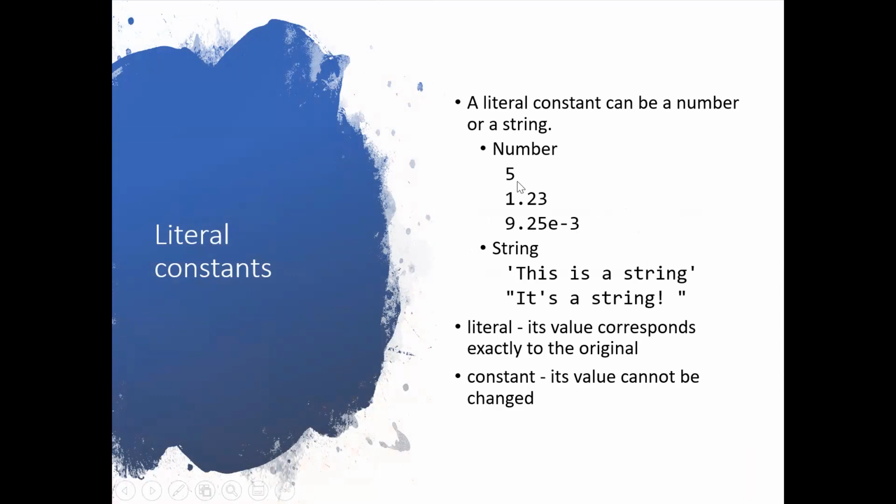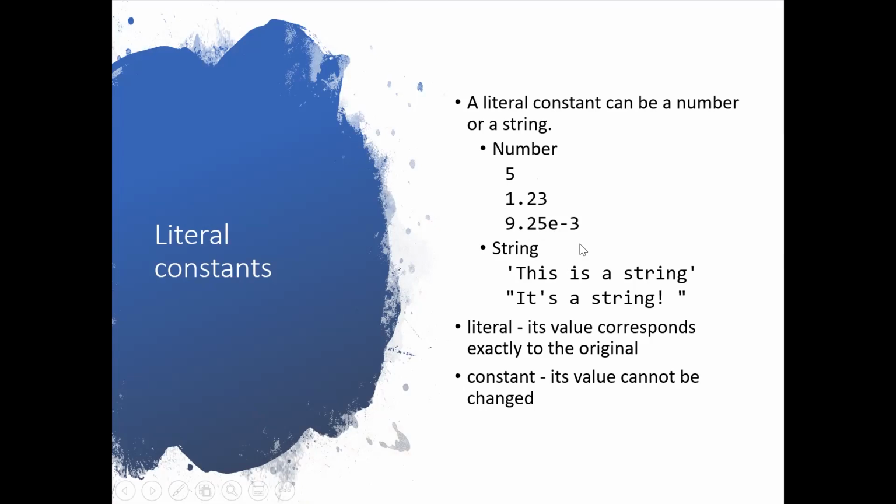For example, here the number 5 will be taken as a whole number, which means Python will recognize it as an integer. Then 1.23 is recognized as a floating point number, which means a number with a decimal part. The third one is a scientific notation: 9.25e minus 3 means 9.25 times 10 to the power minus 3.